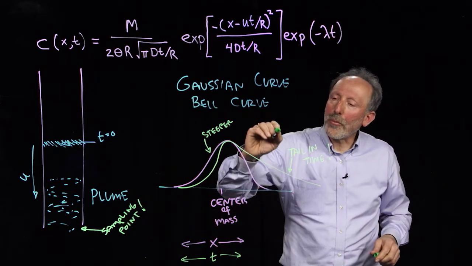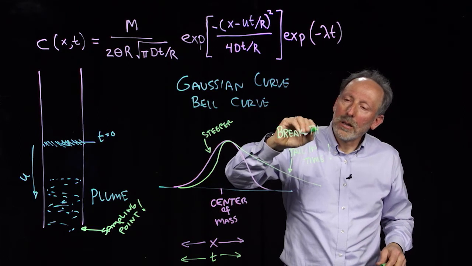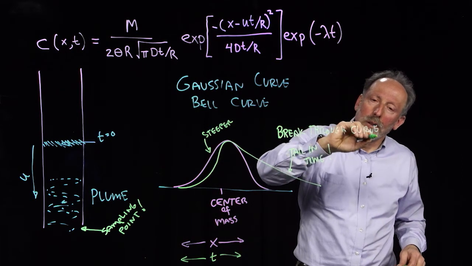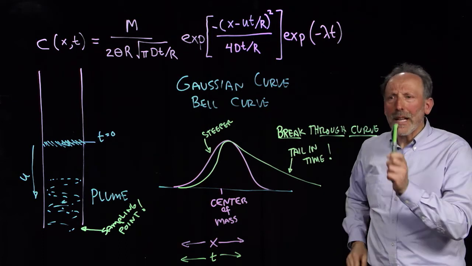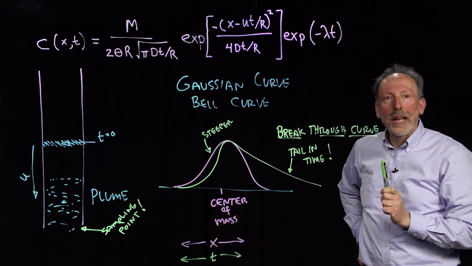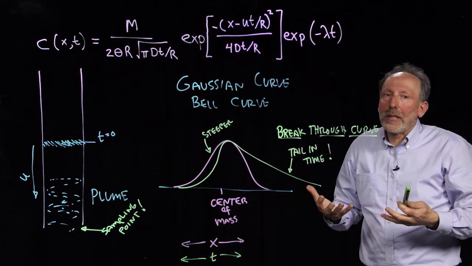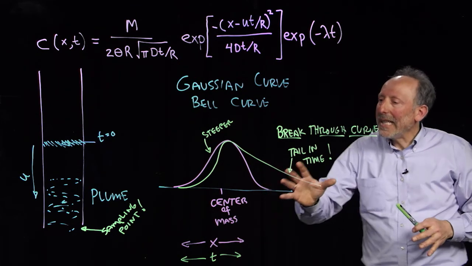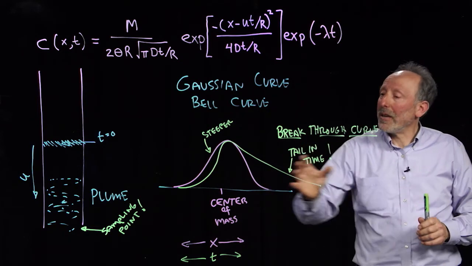And this, which we call the breakthrough curve, is watching in time. That's by far the most common thing to have, and it will always have an extended tail, regardless of if there are other processes or not that might spread the solute further. Even in an idealized case, it will have this extended tail in time, but not in space.